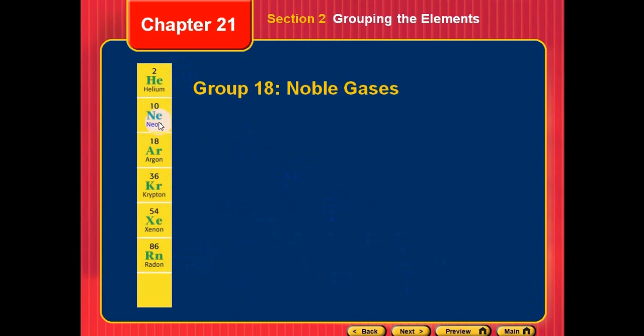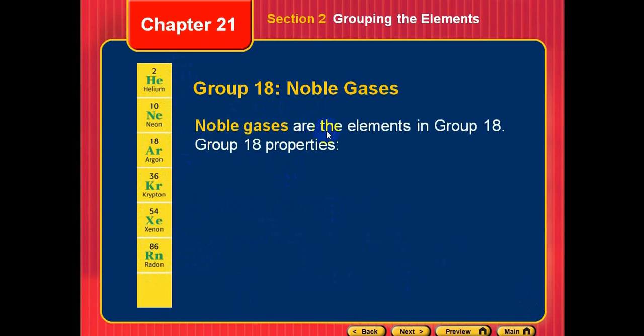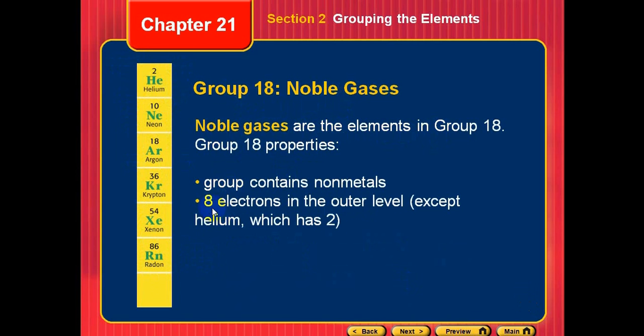Noble gases, the last group in the periodic table, group 18. Noble gases are the elements in group 18. They all are nonmetals. They have 8 electrons in the outer level except helium, which has only 2. But all of them are stable.